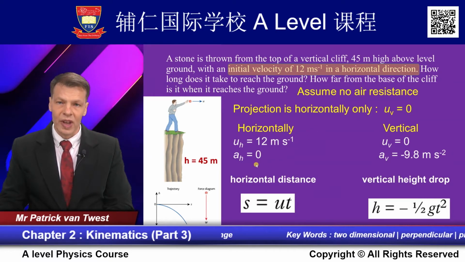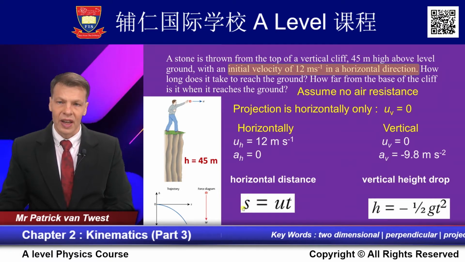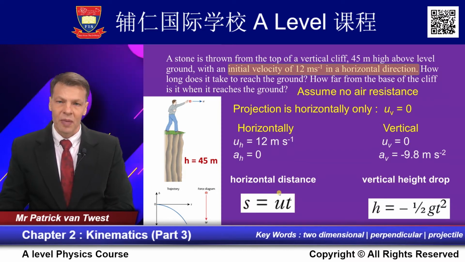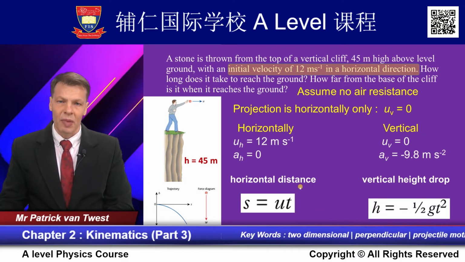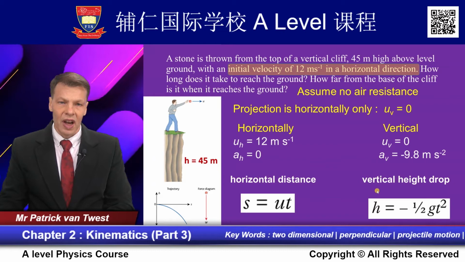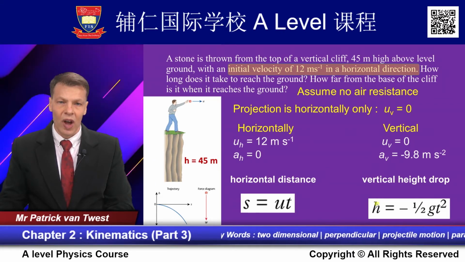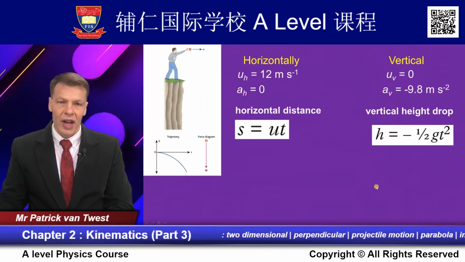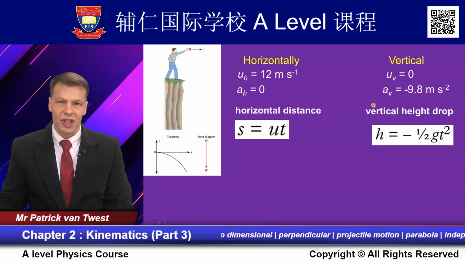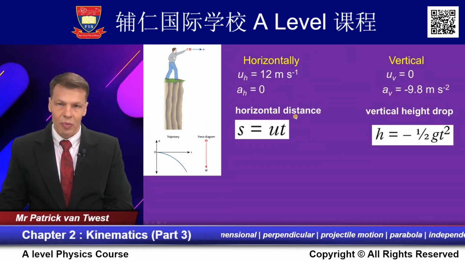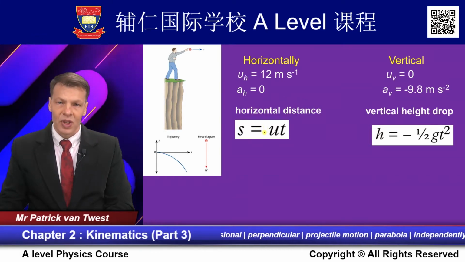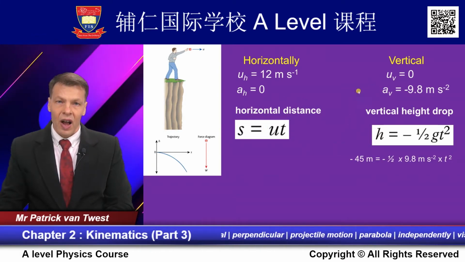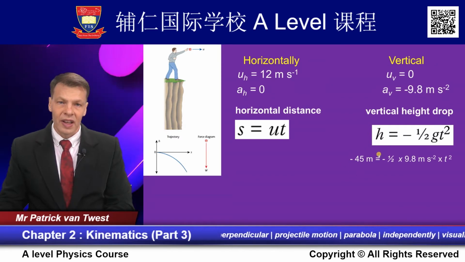Okay, now when I do that, then horizontally I can describe the displacement by just saying it's the speed multiplied by time, and vertically I can describe the displacement or the height. If I say height is 0 at the top, then the height will be negative half g t squared. Okay, so now let's go and put those numbers in because I want to find the time when it reaches the ground.